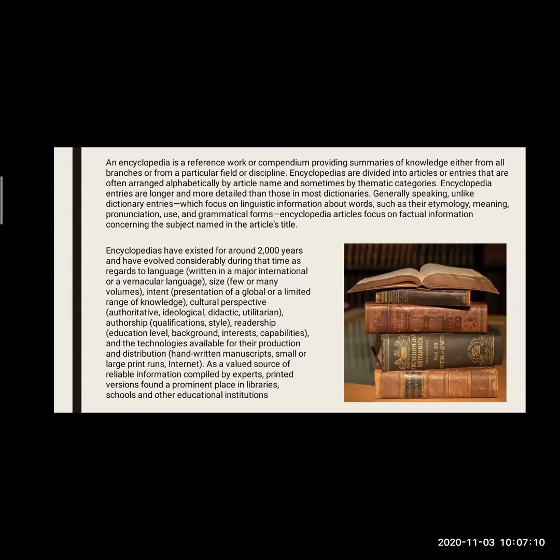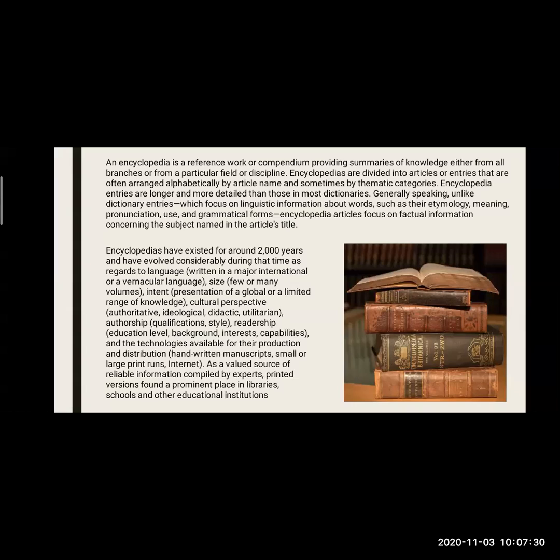Then the readers: the people who read particular books, newspapers, magazines, their education level, background, interest, capabilities. There have been a lot of changes over the years in encyclopedias in regards to this, and technology which is available for production and distribution.